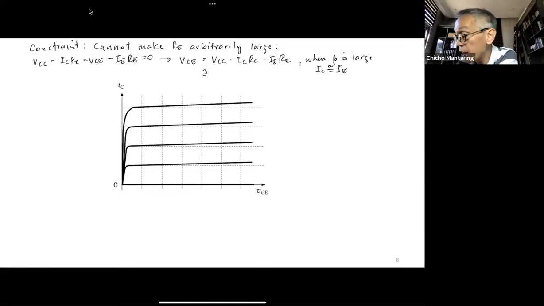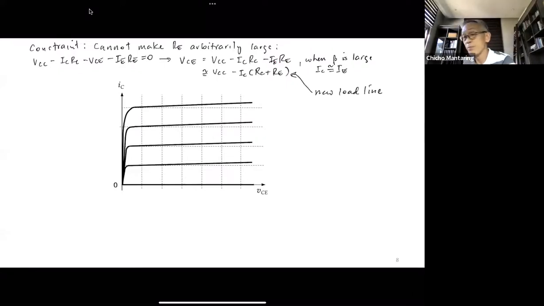This now is approximately equal to VCC minus IC times the quantity RC plus RE. That's because I now approximated this to be equal to this. So I can just group RC plus RE together and just multiply that by IC. And this is now my new load line. That is my new load line. So let's say this was my old load line.